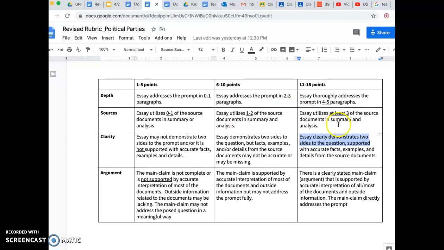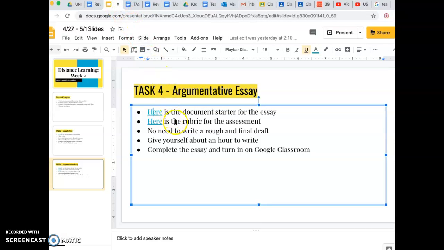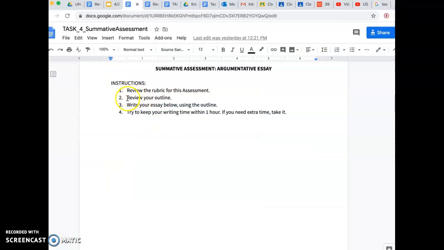But go ahead and take a look at it again just so you know exactly what you're going to be graded on. Next, you're going to review your outline. Take a look at what your outline said. And honestly, if you're working on a computer, you may be able to copy and paste a lot of it. That's generally what I do when I start my writing process. Then you're going to write your essay below using the outline.